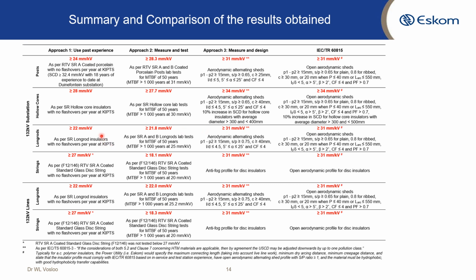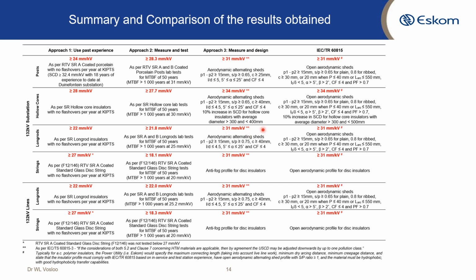Let's take a look at the long rods, silicon rubber long rods. Interesting. 22 millimeters per kV. That's from our experience at KIPS. And 22 millimeters per kV when we do the measure and test of approach 2. Excellent. So they compare very well.